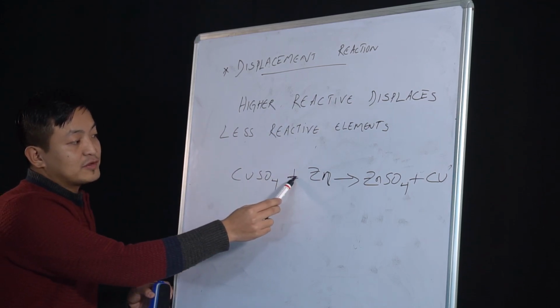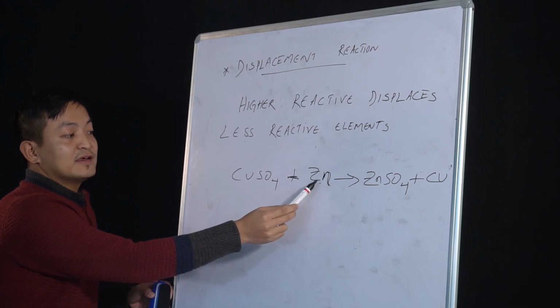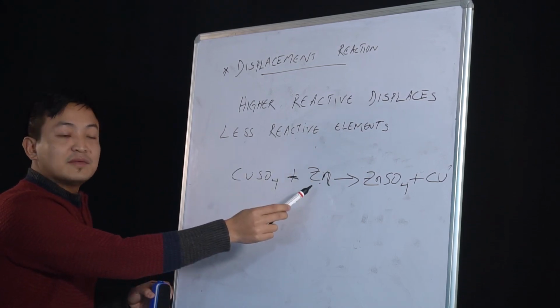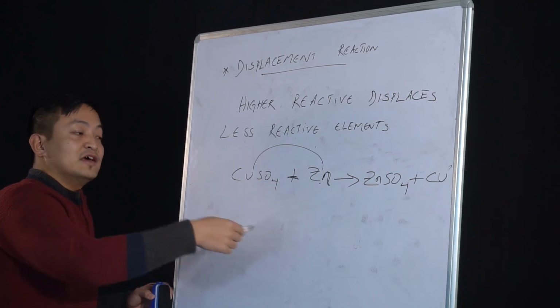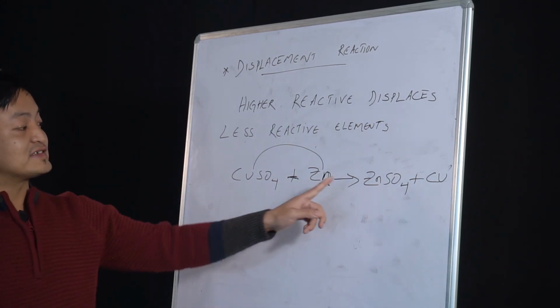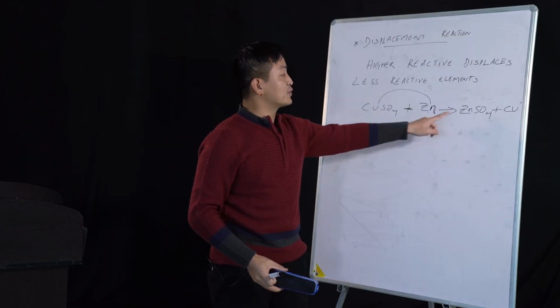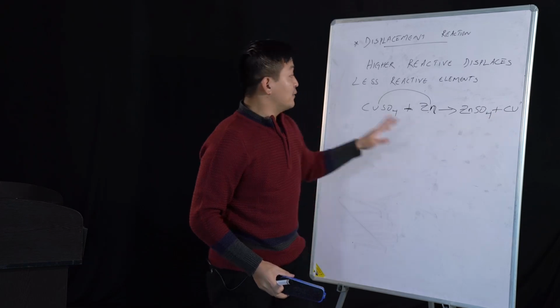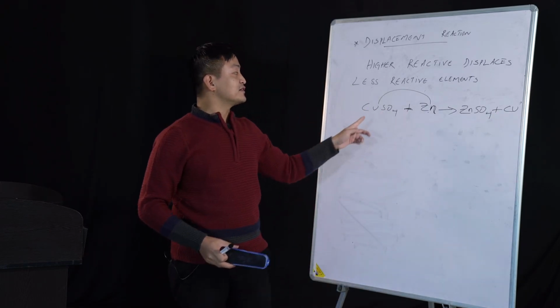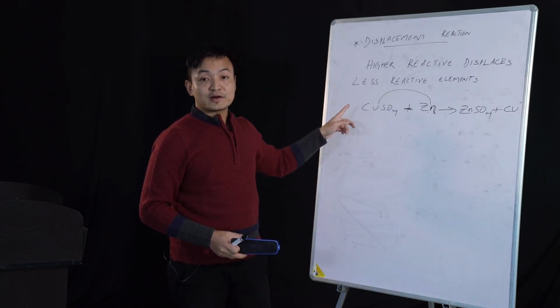In the reaction, zinc, being the higher reactive element, displaces copper and takes its position. So on the product side, zinc takes the position of copper, and now copper is left all alone here. But how will you know that zinc is more reactive than copper?